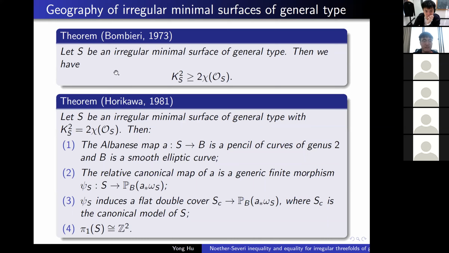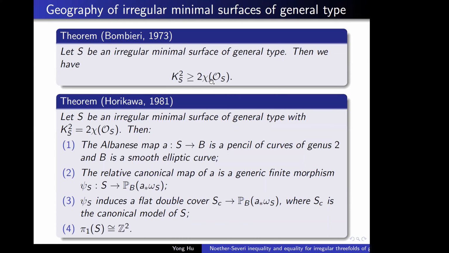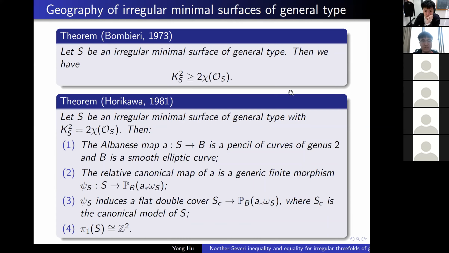Then we have here, because S is minimal, so K_S^2 is larger than 0. And the inequality says that K_S^2 is larger than or equal to 2 p_g, and p_g can be 1, 2, 3, can be any positive integers.